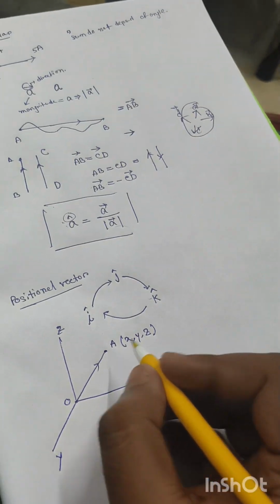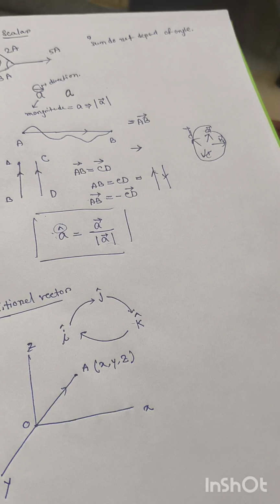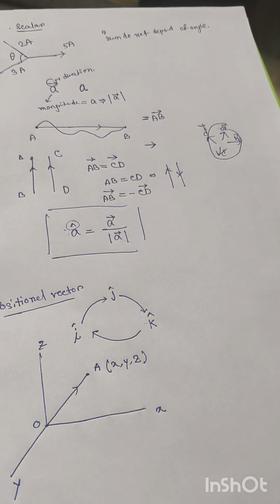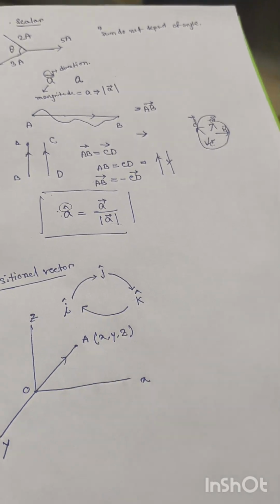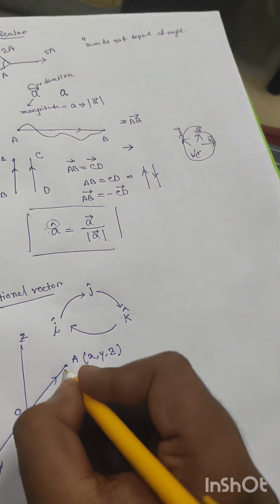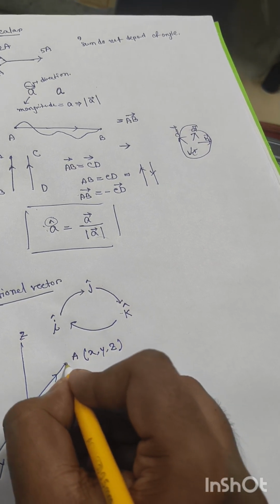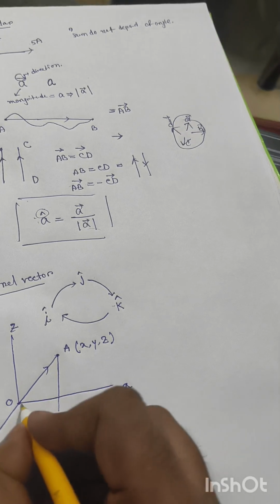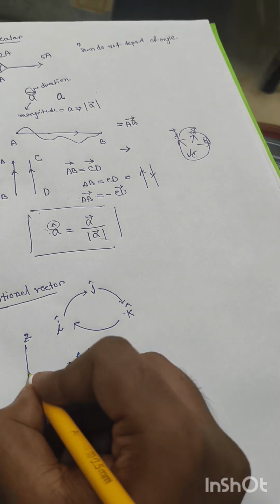We know that a vector does not depend on the path. A vector depends on the initial and final point. From O to A, we may go by any path. First we go along the z line.